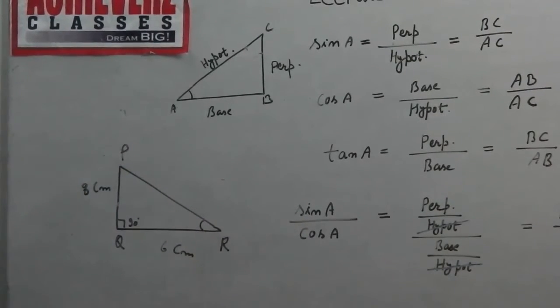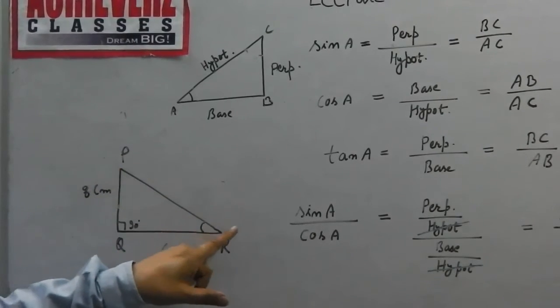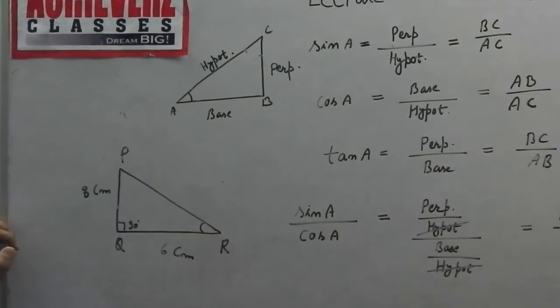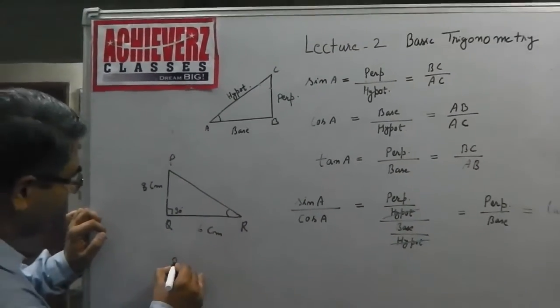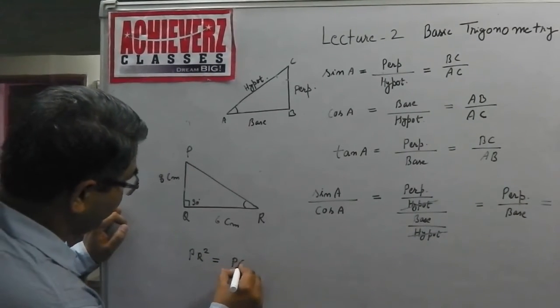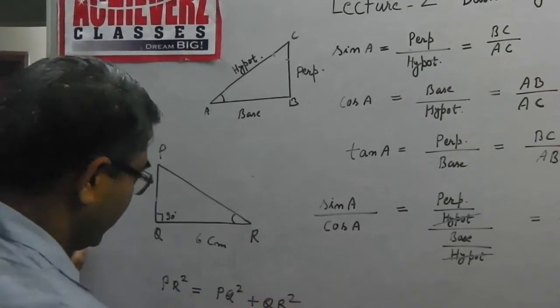So what will happen? As this is a right angle triangle, we can find the length of this PR using Pythagoras theorem. So what will be this? PR square would be PQ square plus QR square.